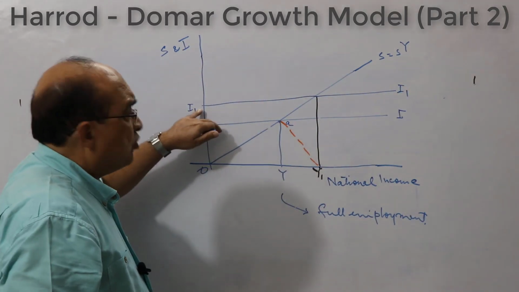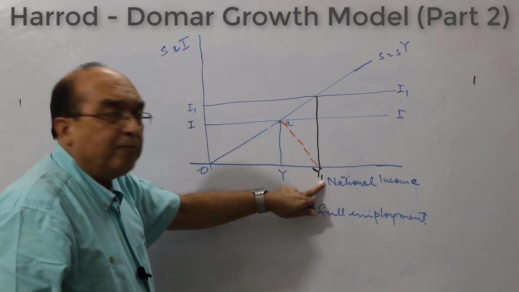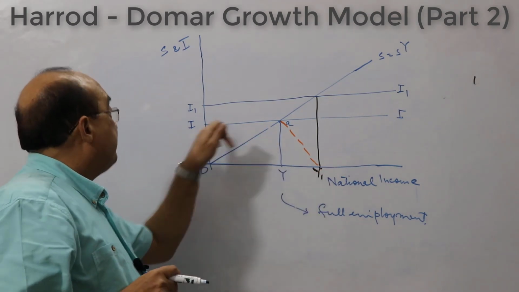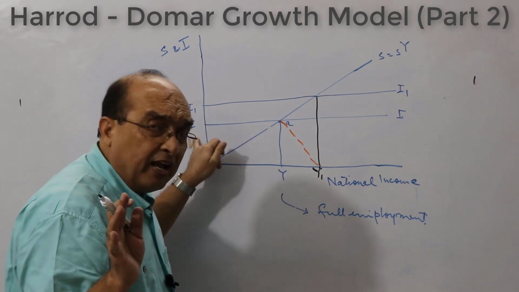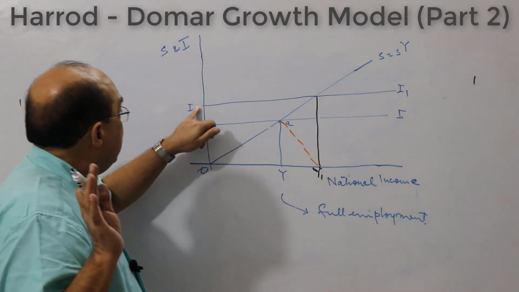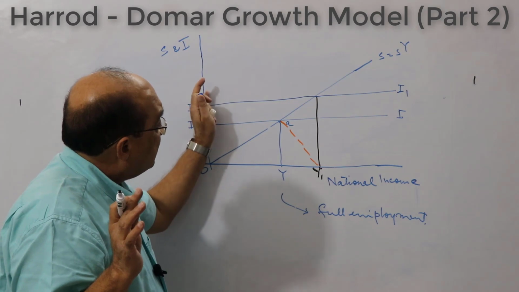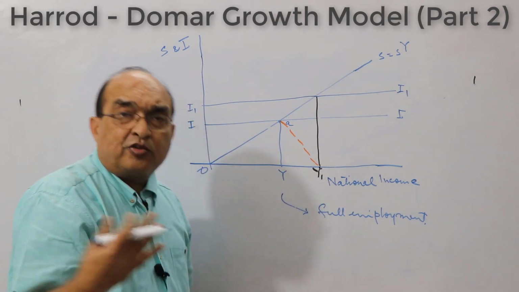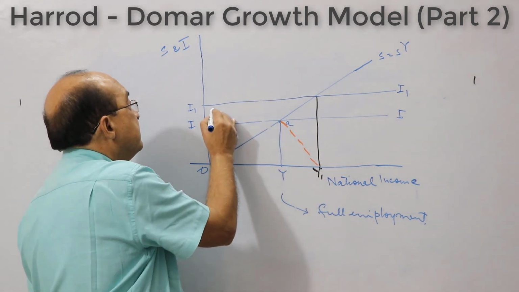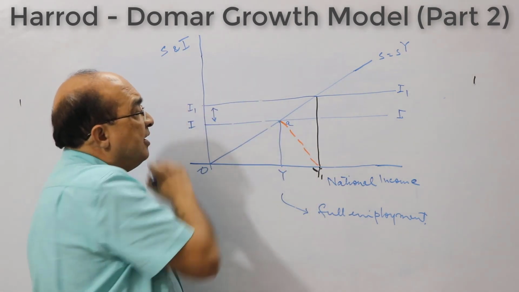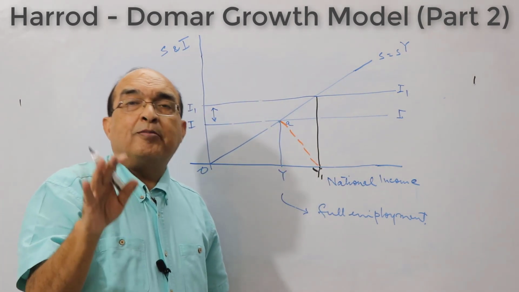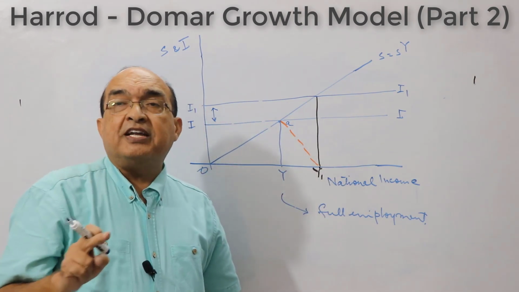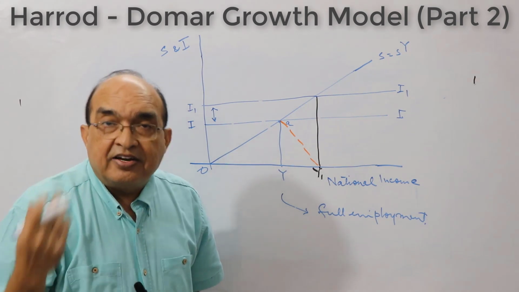So this was the investment in the same time period, while the productive capacity has increased as a result of the previous period's investment. Here, investment is generating demand that will absorb this. If investment fails to increase by this amount, then there will be the problem of deficiency of demand. In this additional capacity, output will not be realized.